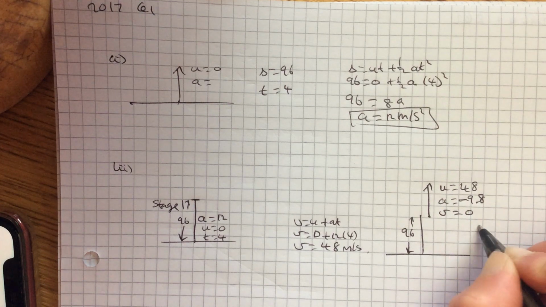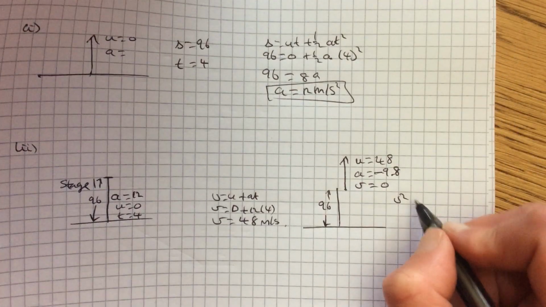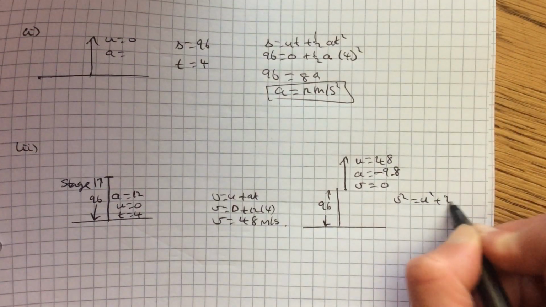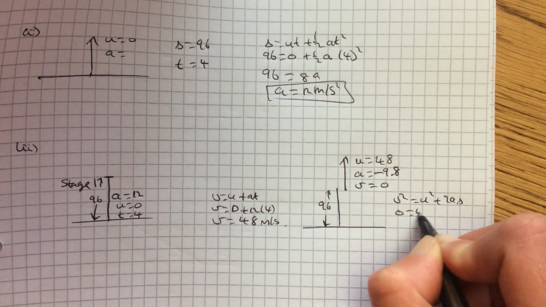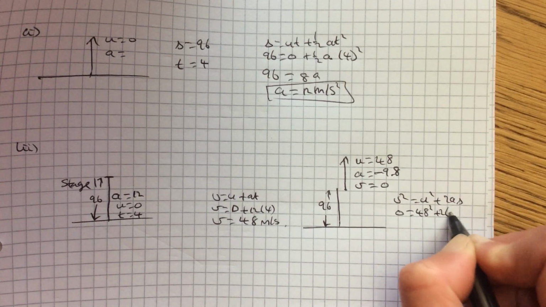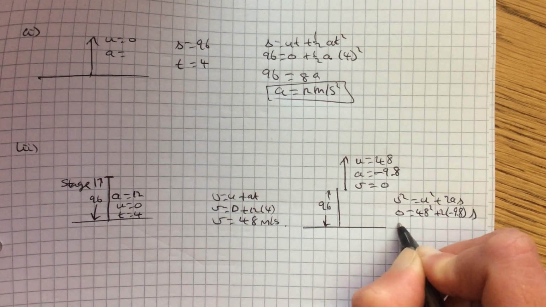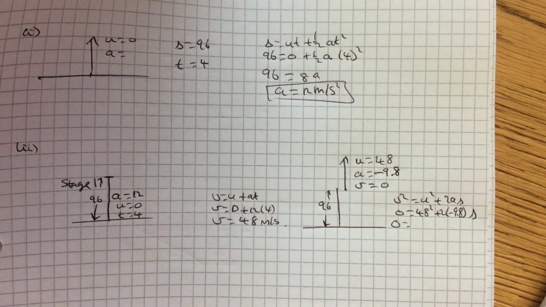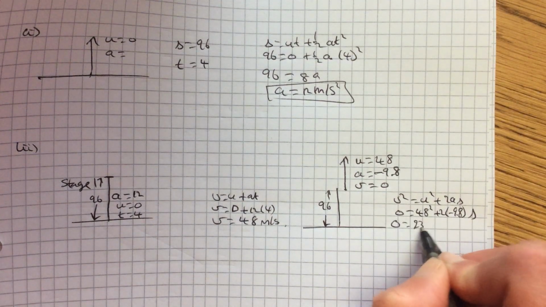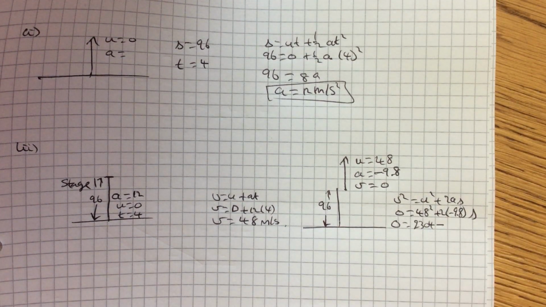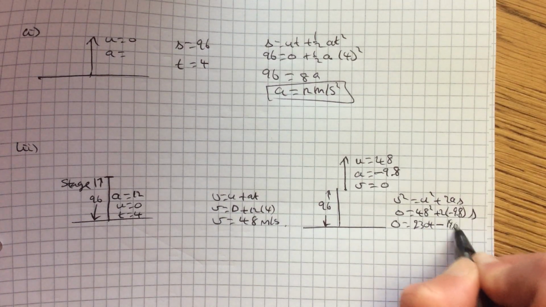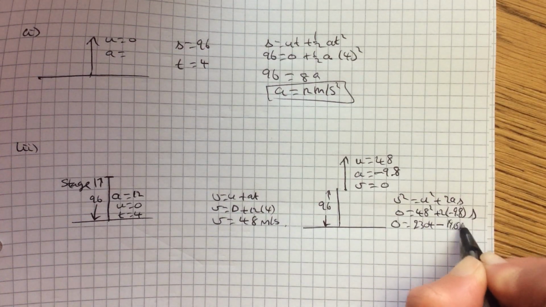So I am going to use for this bit V squared equals U squared plus 2AS. So 0 equals 48 squared plus 2AS. So 0 equals 48 squared works out to be 2304 minus 9.8 times 2 is 19.6 S. So just move that over to our side.